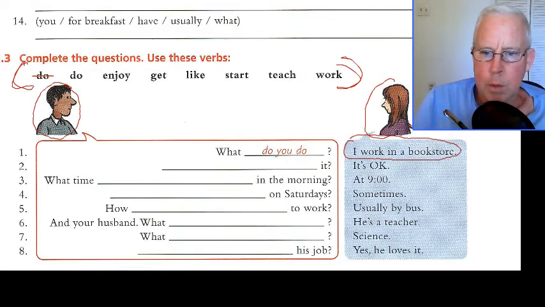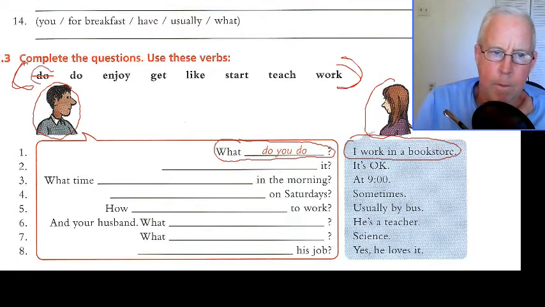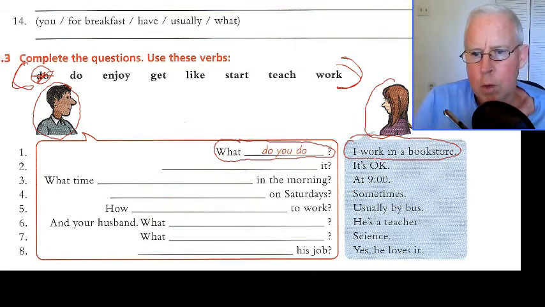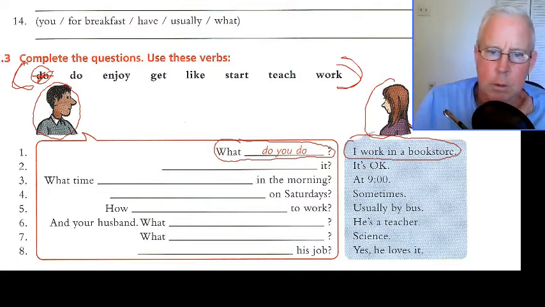So the question will have to be, what do you do? So we use do. I mean, the question could be, where do you work? But because it already says what here, that's what we have to use.